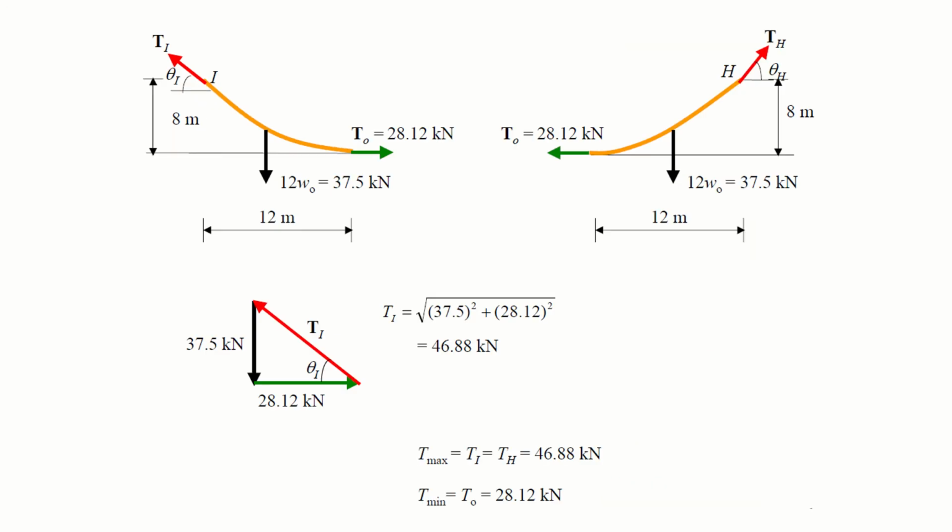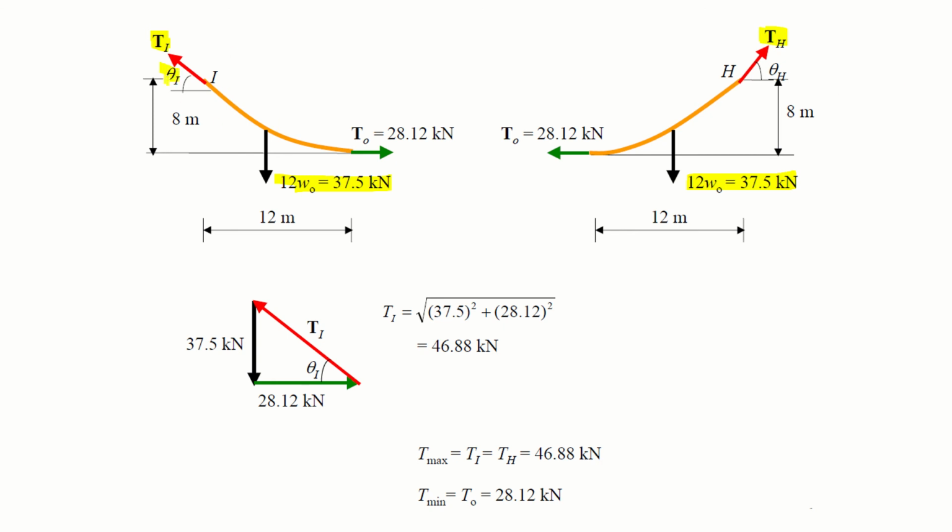Okay, now we have two segments, T naught at point B. We know what is the value of the vertically applied load, or the load that is suspended from the cable. So we have unknowns Ti and Th, both at I and H points.